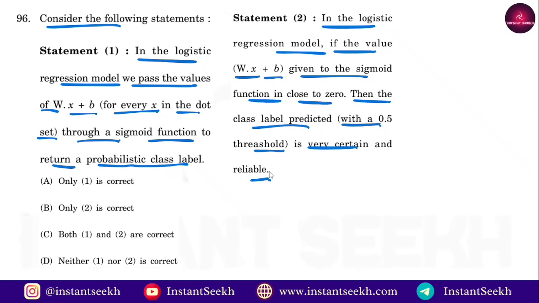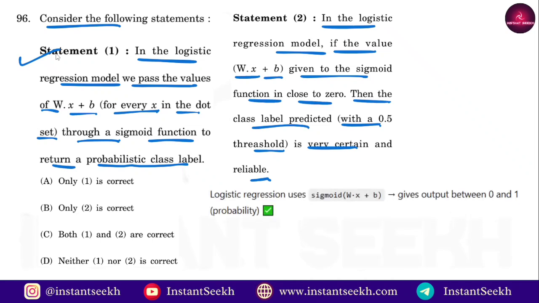First of all, I will say the first statement is true, because logistic regression uses sigmoid of W dot x to map outputs between 0 and 1. The sigmoid function gives output between 0 and 1, that is the probabilistic classes. You have two class labels, 0 and 1. So your first statement is correct.